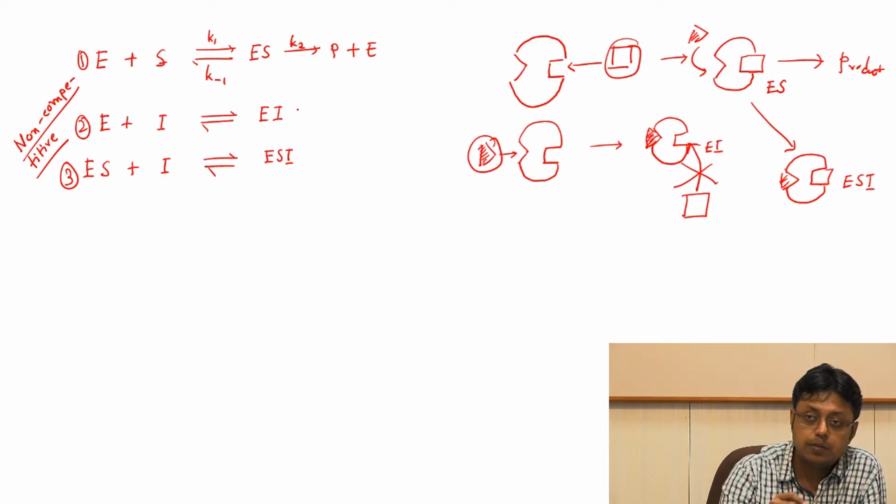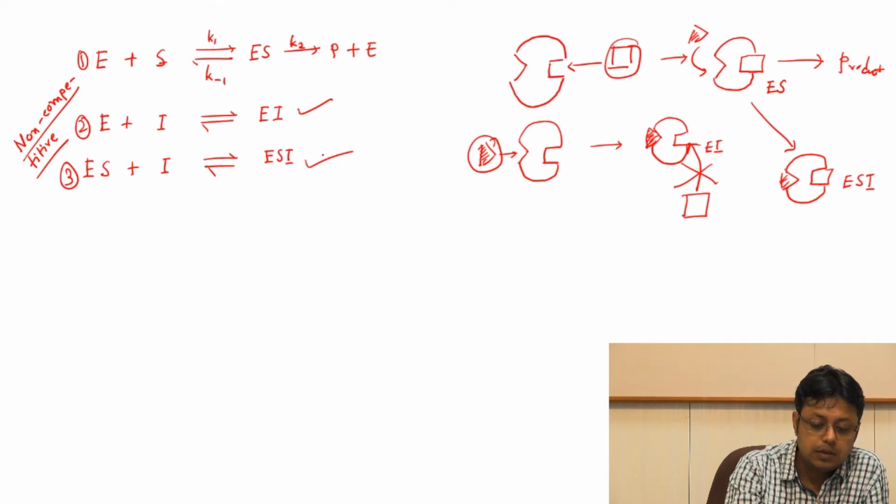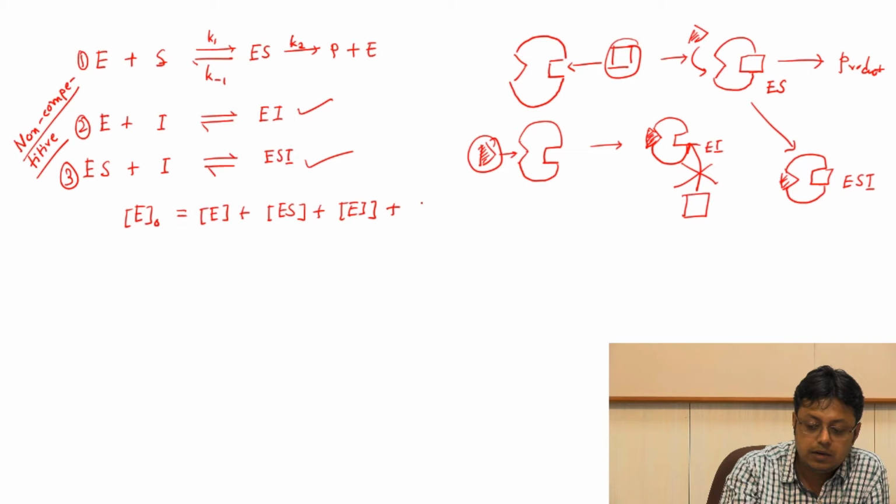You can write an equilibrium constant also for this equation, and do the material balance very carefully, because you remember that for this case E0 will be the free enzyme concentration plus some enzyme substrate concentration plus some enzyme inhibitor concentration plus some enzyme substrate inhibitor complex concentration.